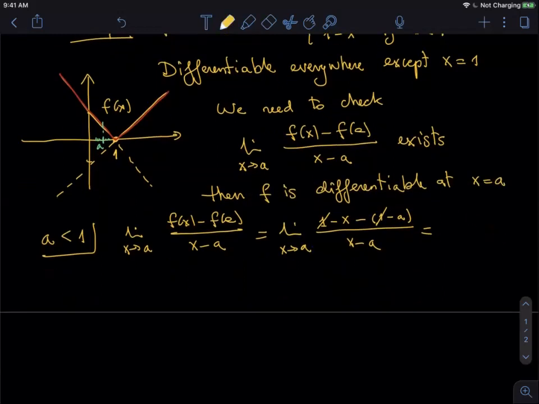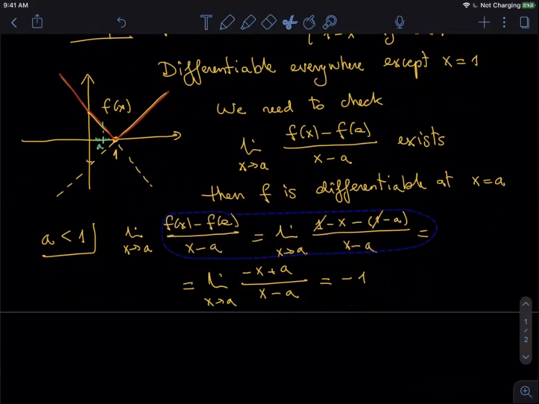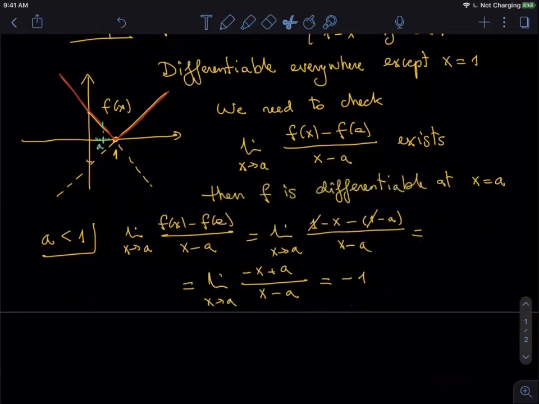Well, this would be the limit as x tends to a of negative x plus a divided by x minus a, and this is negative 1. All right. So we see that the slope, the derivative, is negative 1.